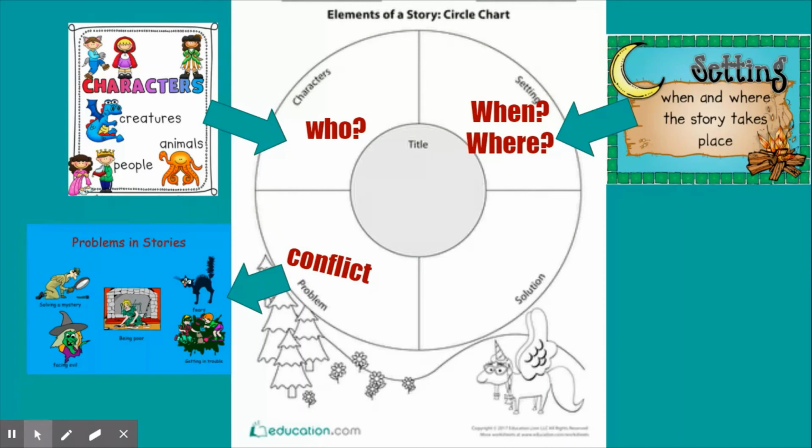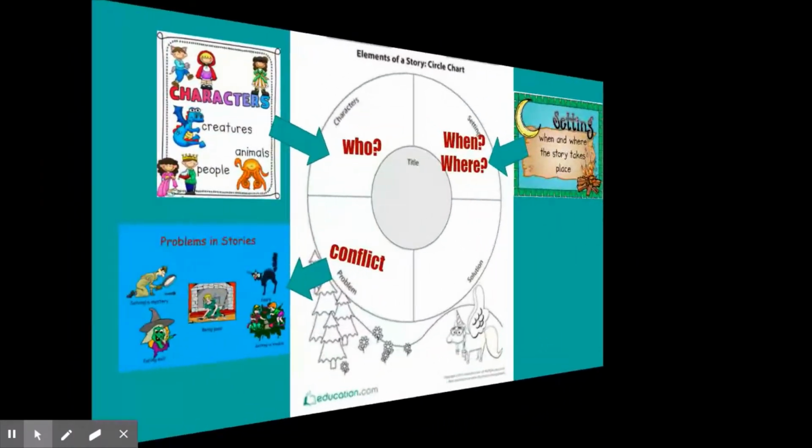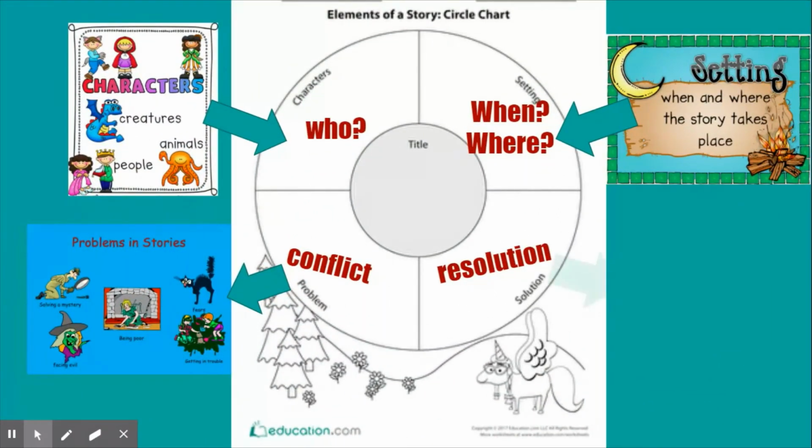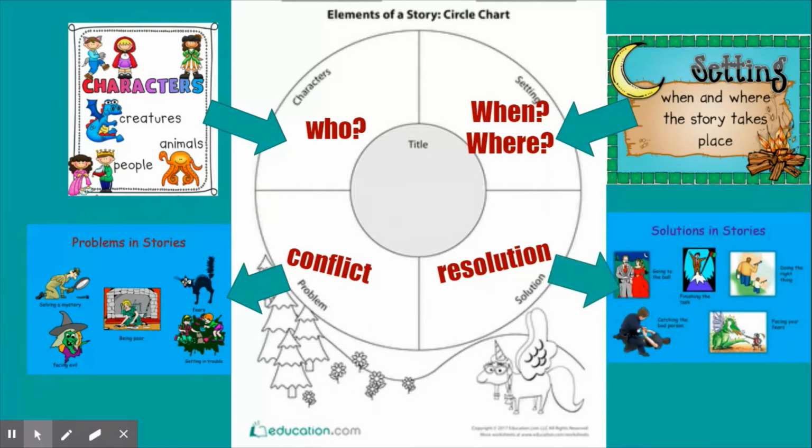Okay, so the next story element that we are going to see, the last one actually, is the solution. Okay, so the solution is the resolution. We have also heard resolution. So how is the problem or the different conflicts solved all the way to the end, right?